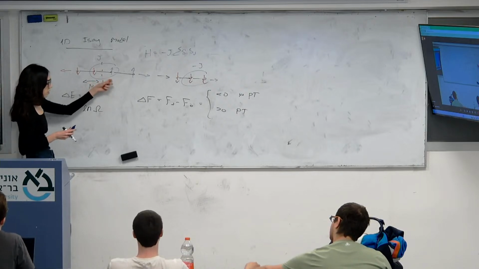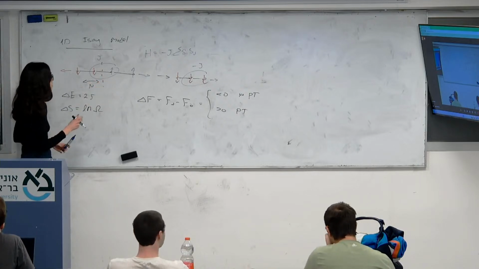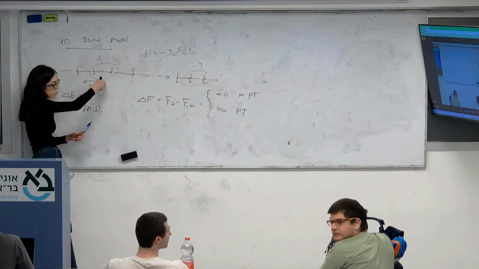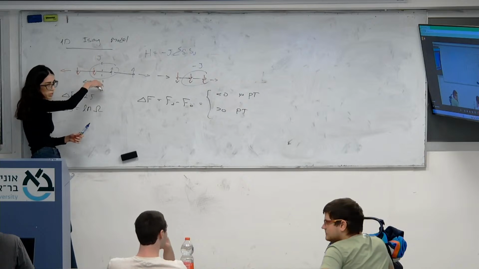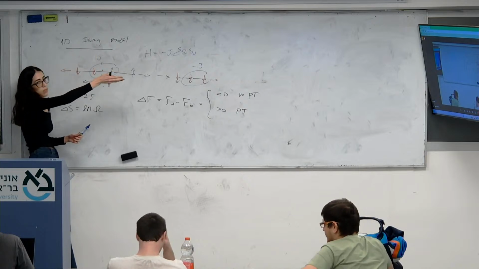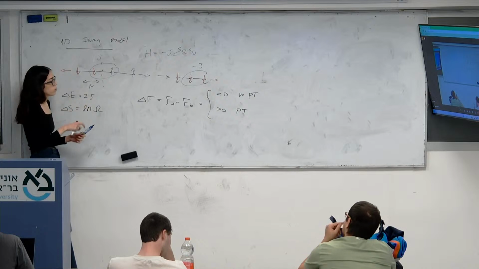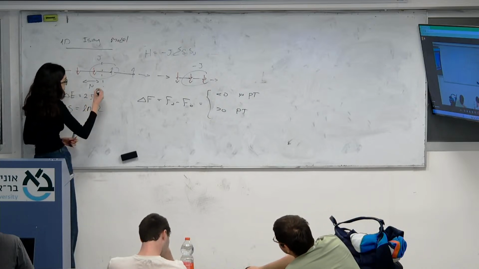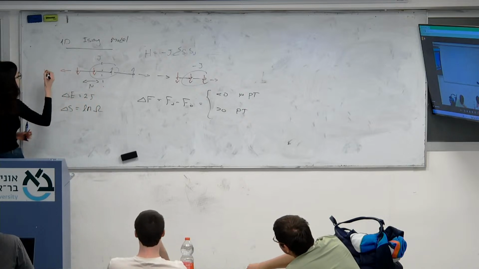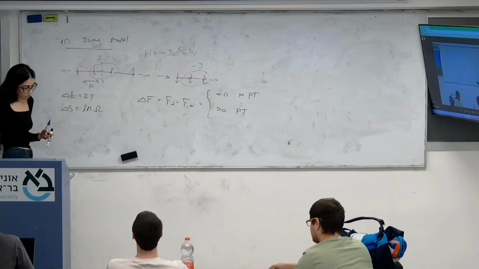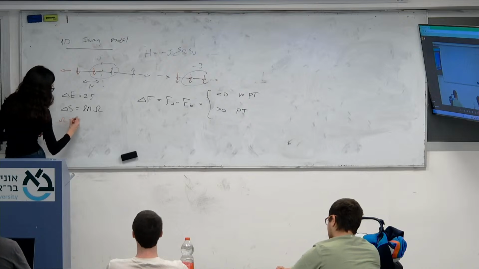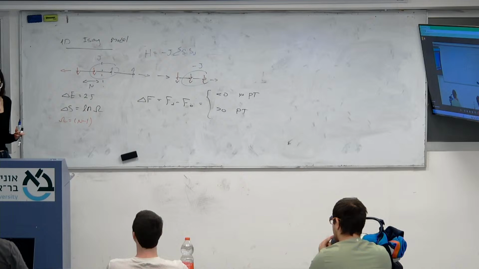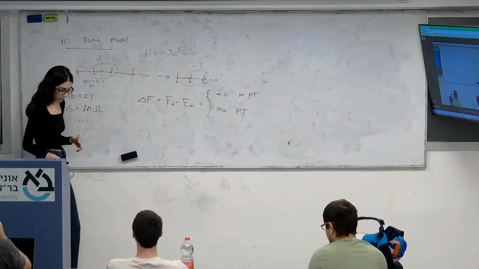But for this case, we have the location of the domain wall. The domain wall can be basically anywhere in the system between any two spins. So there are n-1 possible locations.